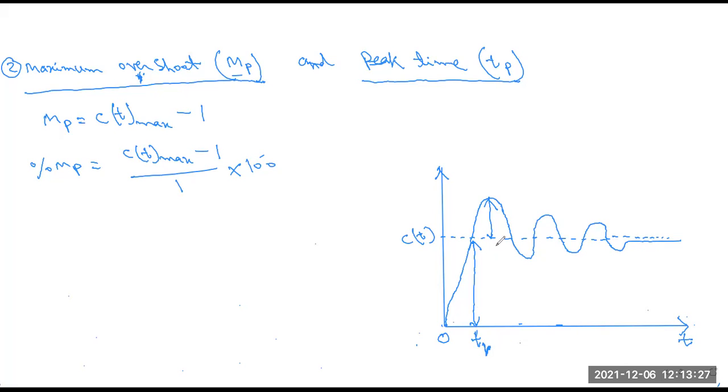And another one, from this point to this point, we call that the peak time, that is TP. This TP means the peak time. And this value is called the maximum overshoot.